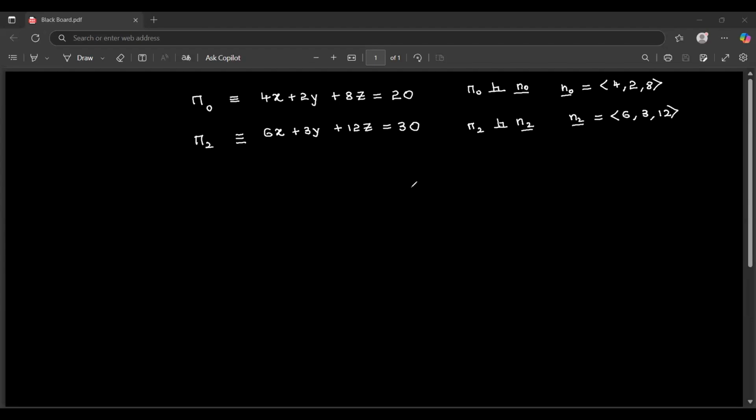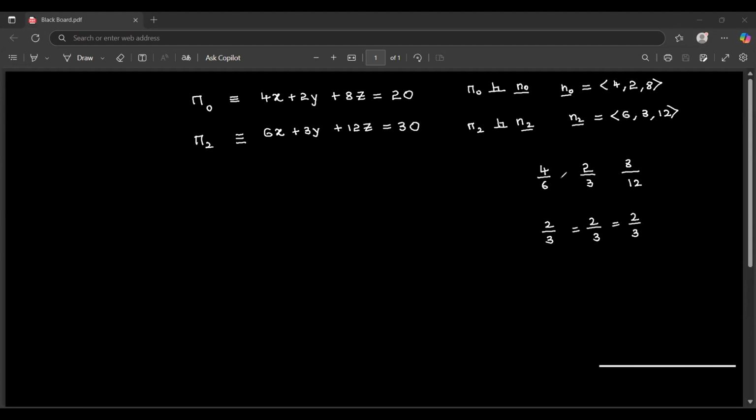So what are we going to do now? First of all, let's check whether n naught is parallel to n2. It is parallel to n2. How can I say that? Let's write down the ratios: 4 over 6, 2 over 3, and 8 over 12. This is equal to 2 over 3, this is equal to 2 over 3, and this is equal to 2 over 3.